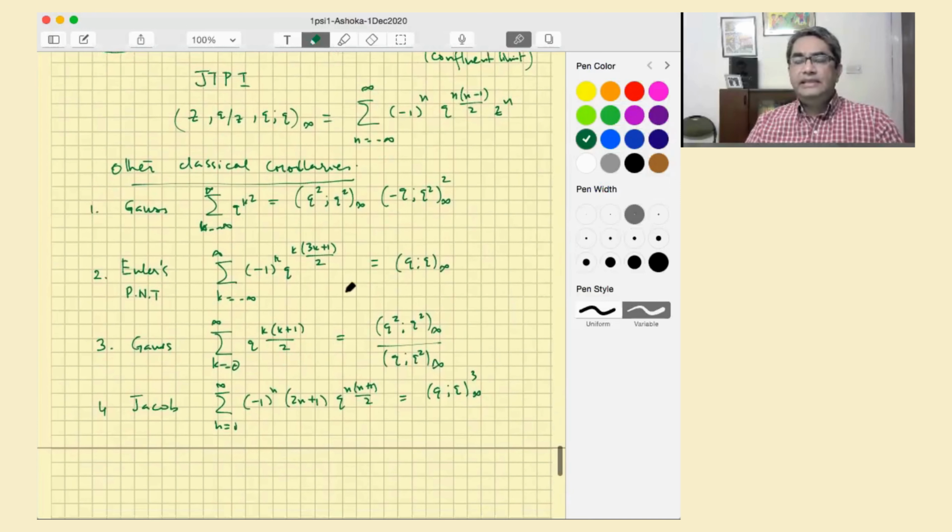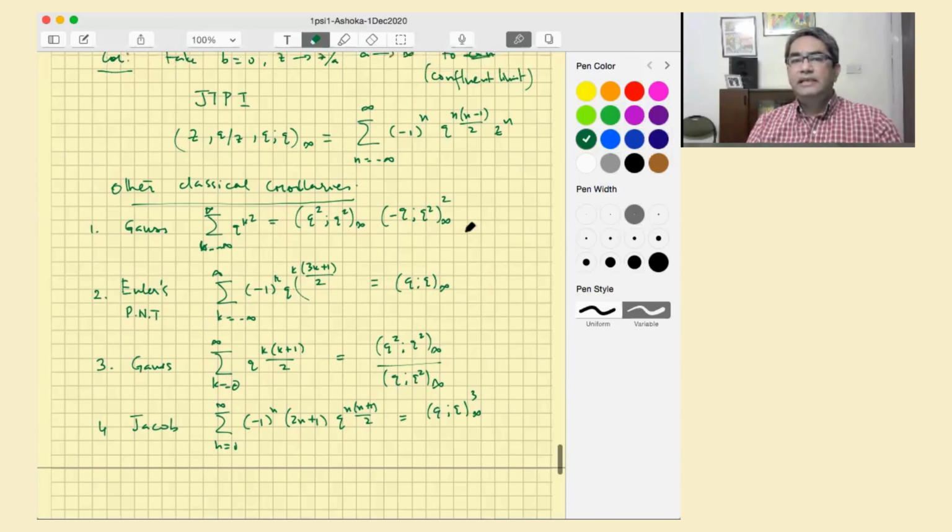And you can see the interest of number theorists here. It's a generating function for squares, then pentagonal numbers, then triangular numbers, and again some kind of triangular numbers, but with some kind of weight. And these are the classical theta functions in some sense.